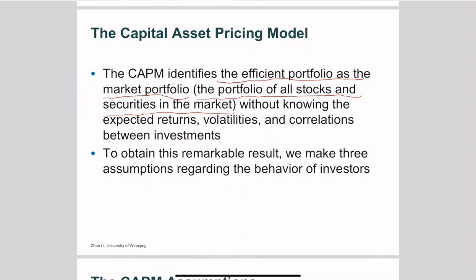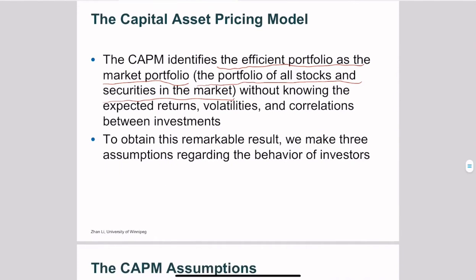This is nice because if the efficient portfolio is the market portfolio, then we could just use the market portfolio to represent the efficient portfolio. So the standard deviation of the efficient portfolio is essentially the standard deviation of the market portfolio.